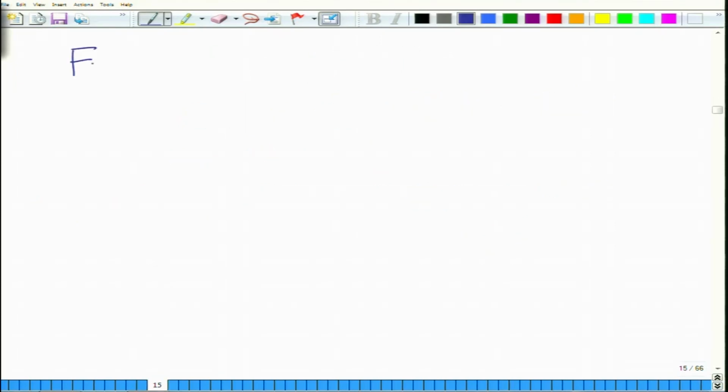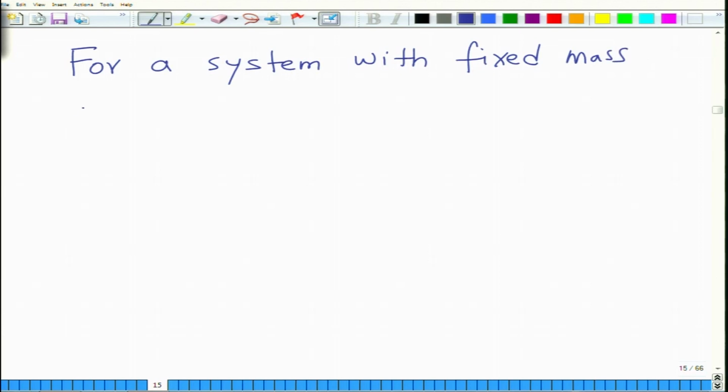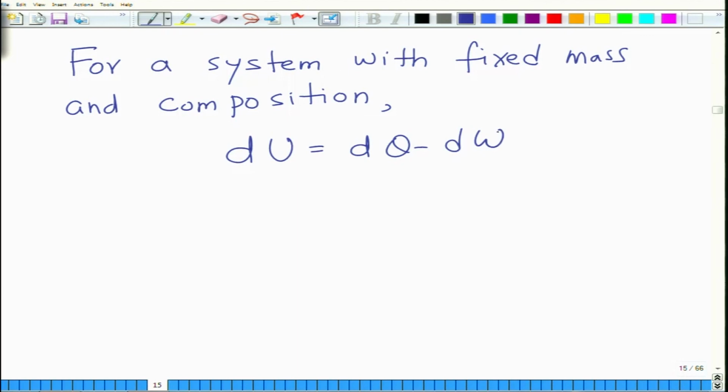Now, for a system with fixed mass and composition, we write dU to be equal to dq minus dw, and this is basically TdS, because dq is equal to TdS, or you can say dS is equal to dq by T by definition of the second law.